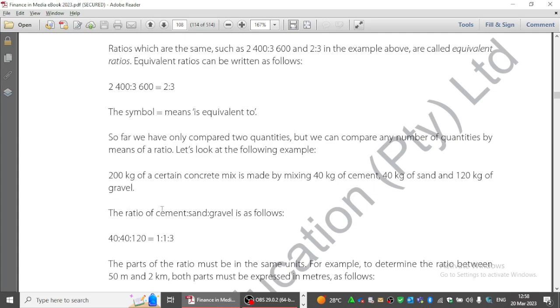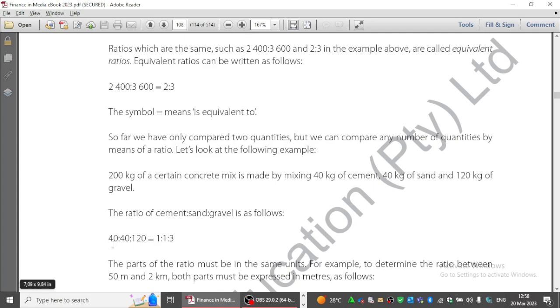So the ratio for the cement, sand, gravel is as follows: 40, 40 and 120, meaning that for every 200 kg there will be 40 kg of cement, 40 kg of sand, 120 kg of gravel. This can be simplified by dividing everything by 40, giving 1 to 1 to 3.